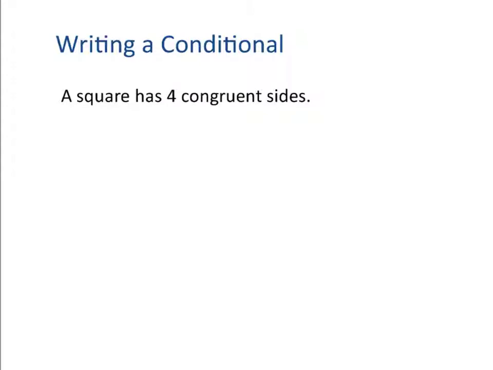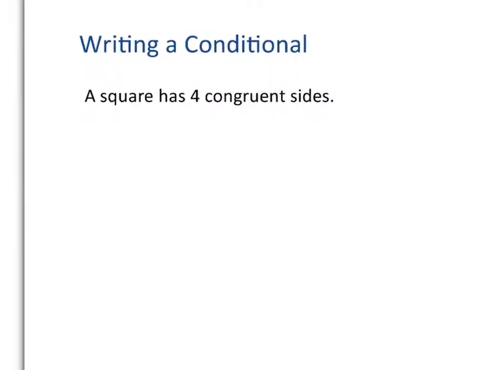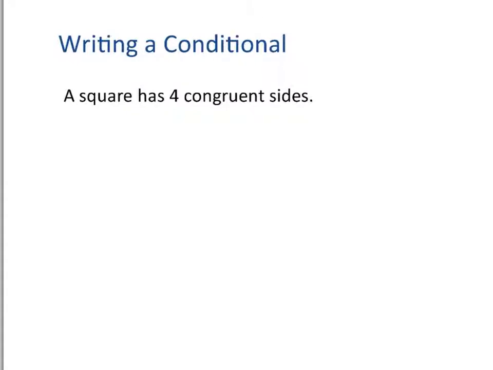Second example, a square has 4 congruent sides. Well, yes, that's true. Now, I find the verb in my sentence, which is has. Everything before the verb is the if. Everything after the verb is the then. So when I write my if-then statement, I can't say if a square.